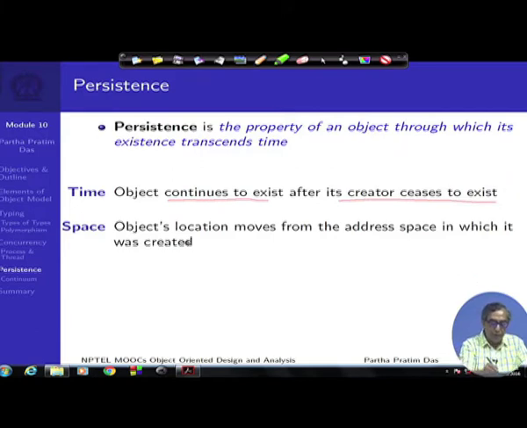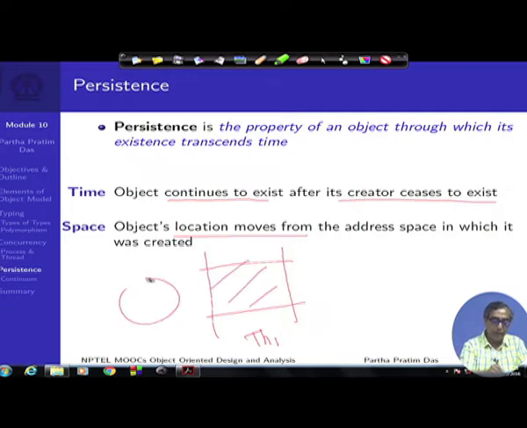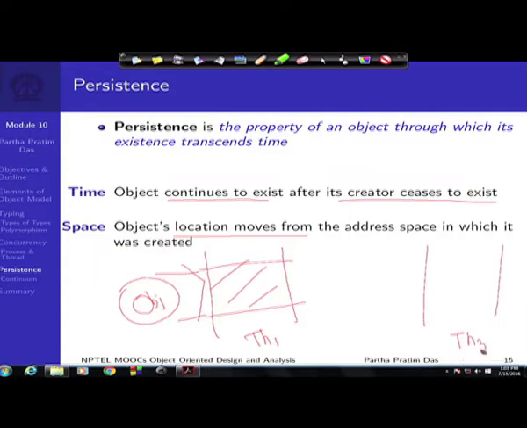Similarly, an object's location may move. An object may have been created in this memory space of thread 1. Here I got an object. Conceptually this is my object, and this is what it has got created in terms of memory. I may move it to some other place, say thread 3 at a different location.